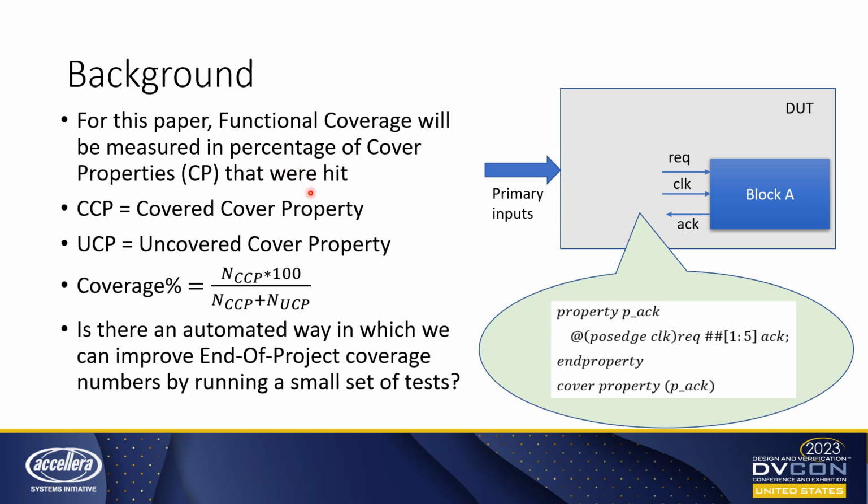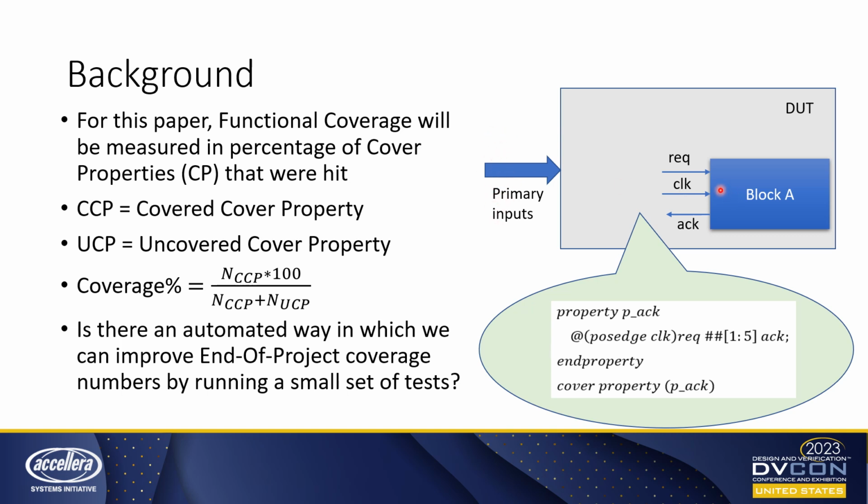Since we're going to talk about cover properties a lot, I would like to introduce at a high level what cover properties are. Suppose we have a DUT and there is a block inside it, and the testbench, that is the verification owners, are writing random tests to control the primary inputs.